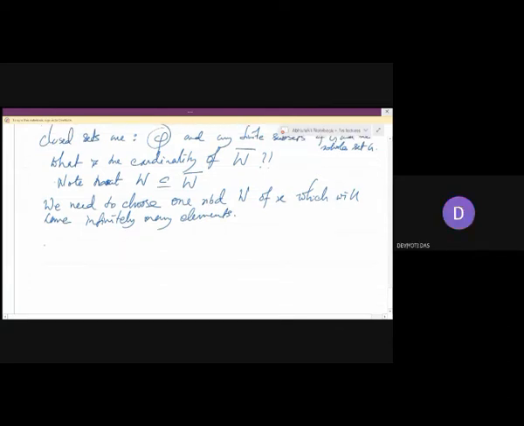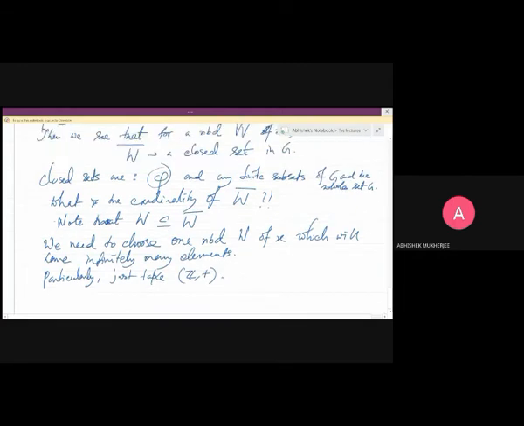Particularly, just take an infinite group. So suppose it is Z plus. Then what would be a possible neighborhood of X?